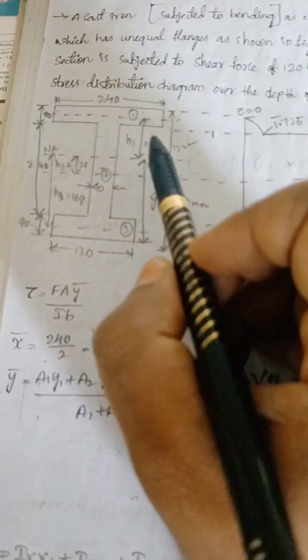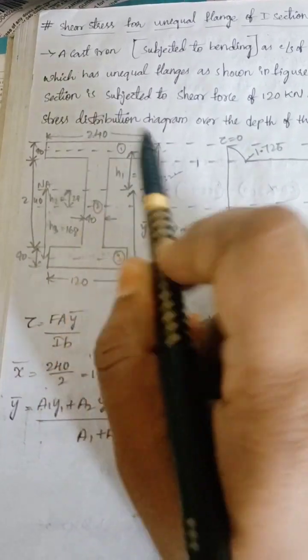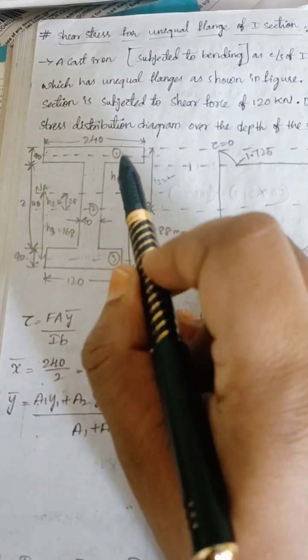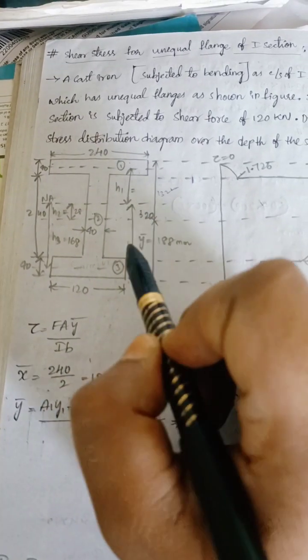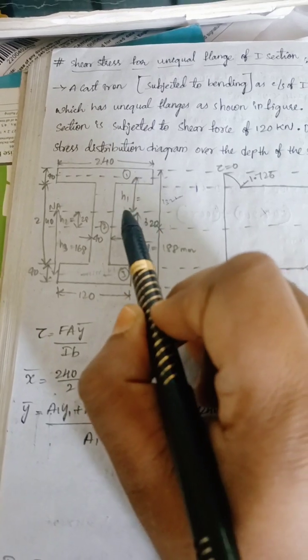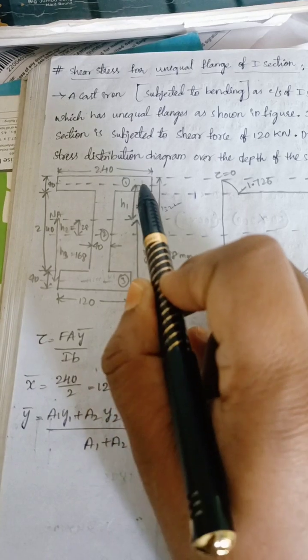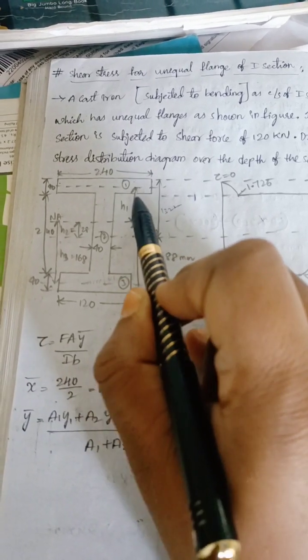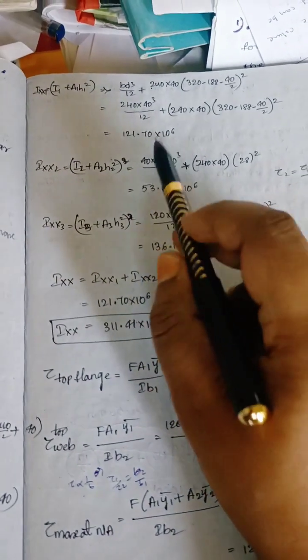H1 is the distance between the overall neutral axis and the neutral axis of this first portion. This is h1.